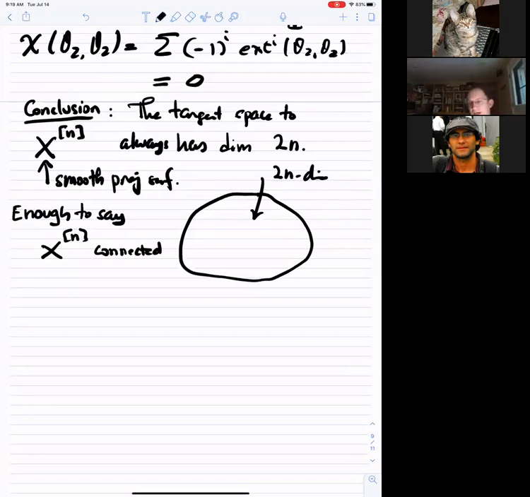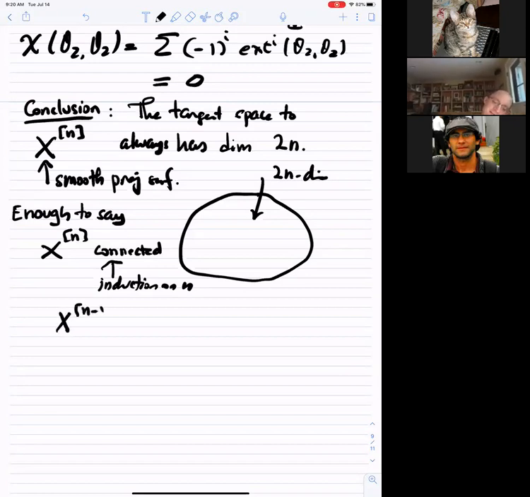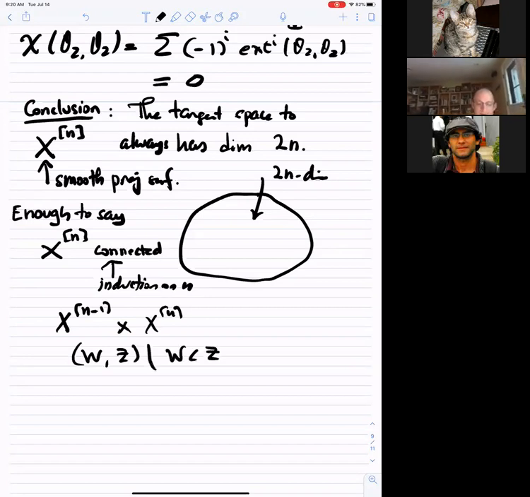But now how do you check that something is connected? Well, you do induction on n. This is relatively easy. Well, I assume that the surface itself was irreducible, so it's certainly connected, right? So then what you do is you look at X^[n-1] × X^[n], and here you look at the pairs where you have a W and a Z such that W is contained in Z, okay?